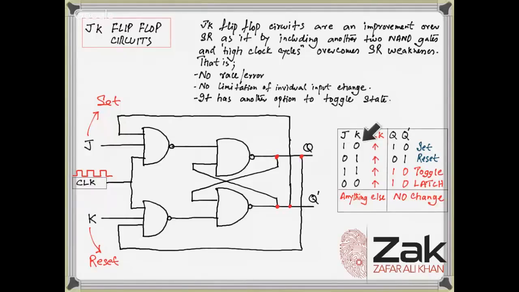When you set, it is set. When you reset, it is reset. And now since you are allowed to change both bits, it is easier. If you want to toggle, you have to put 1 1. That toggles the state. If it is 0, it becomes 1. If it is 1, it becomes 0. If you want to retain, then it is 0 0.